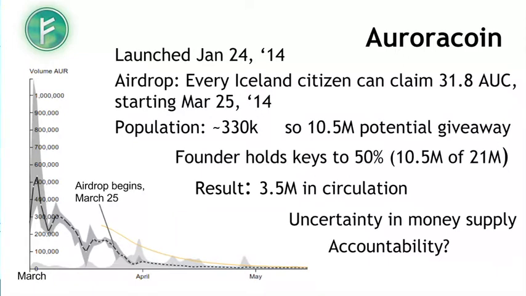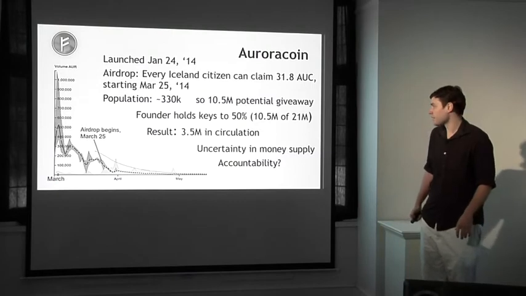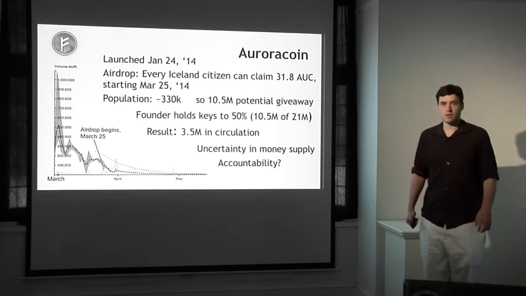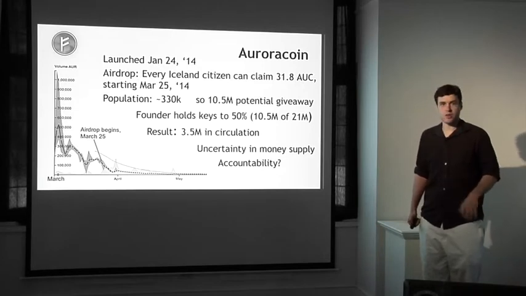There's very little accountability or transparency into this, which led to a fairly large suspicion that he was either being inundated with fraudulent requests of attackers trying to claim more than their fair share of Aurora coins, or that the founder himself ran away and simply made transactions that gave himself a large amount of the Aurora coins, and then he could sell them off at an exchange. There's no clear way to know whether this is what happened or not, but the fact of this large amount of suspicion, I think, had a lot to do with the fact that the price very rapidly declined.